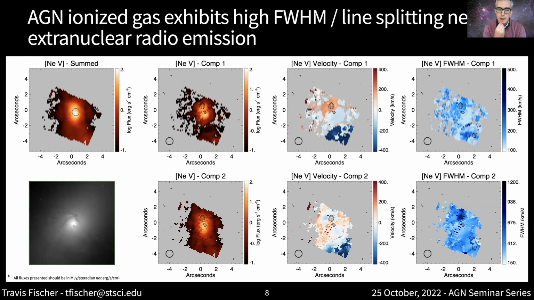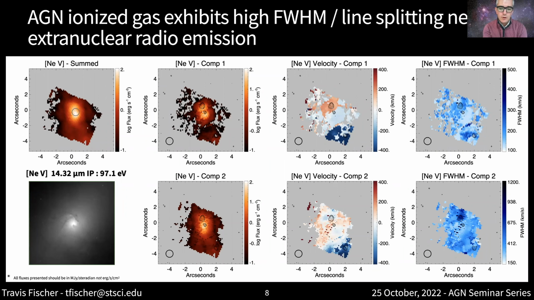As well. I can't speak to that. I say coronal line, but I don't really know if I should say that neon 5 is a coronal line. I said it's a coronal line because it's like 100 eV. So yeah, it is, because it's not produced by stars. Yes. Well, okay.